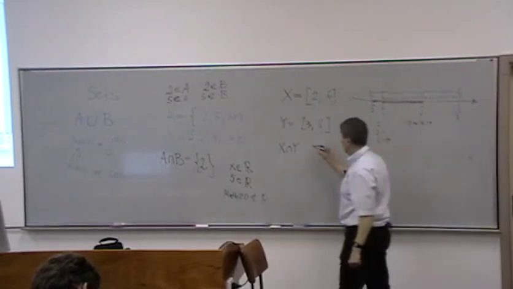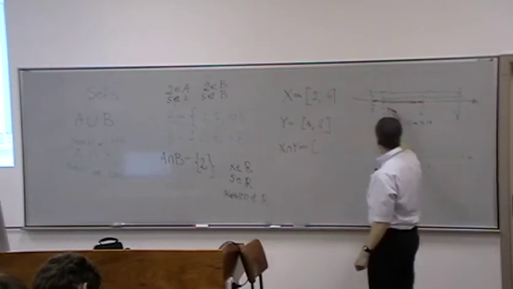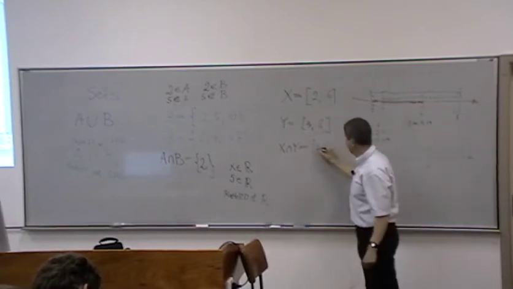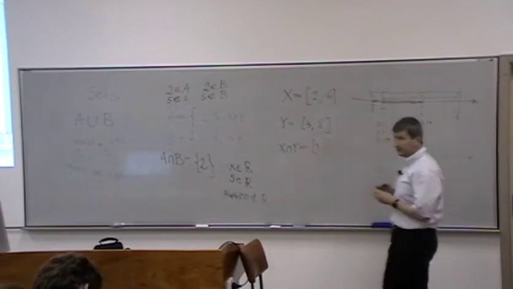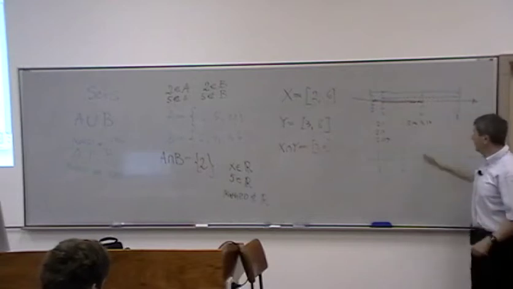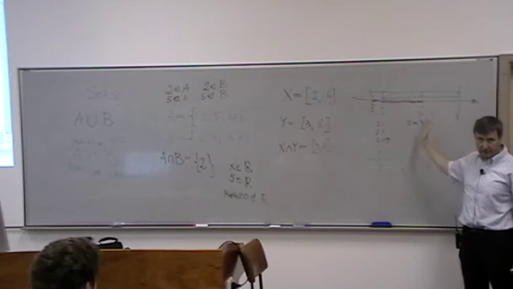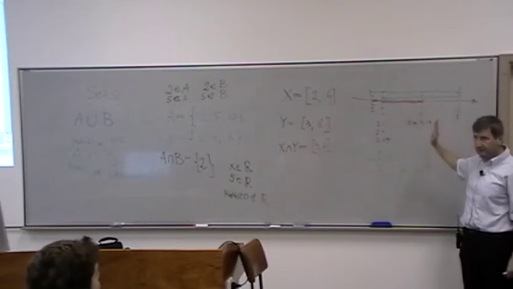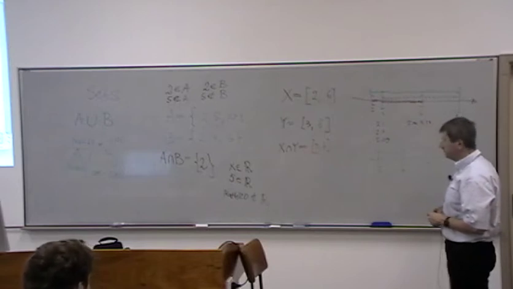This intersection is again an interval, starting at 3 and ending at 6, including 3 and 6. I think it is really easy if you draw a picture of the number line, then you just see what's in one, what's in the other, what's in both, what's just in one of them. That should be really easy.